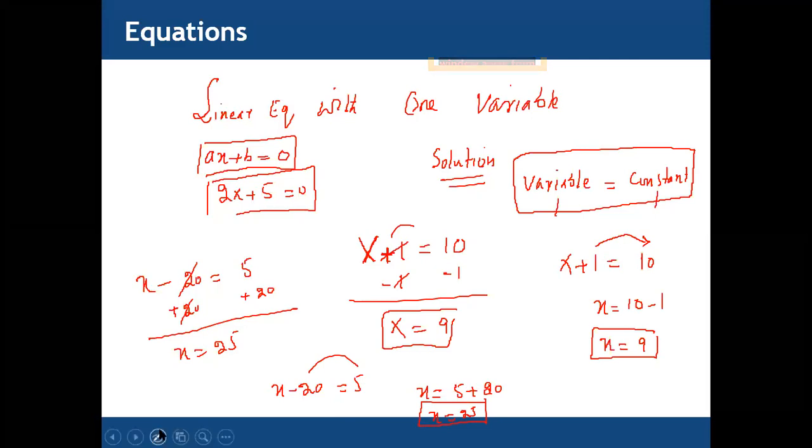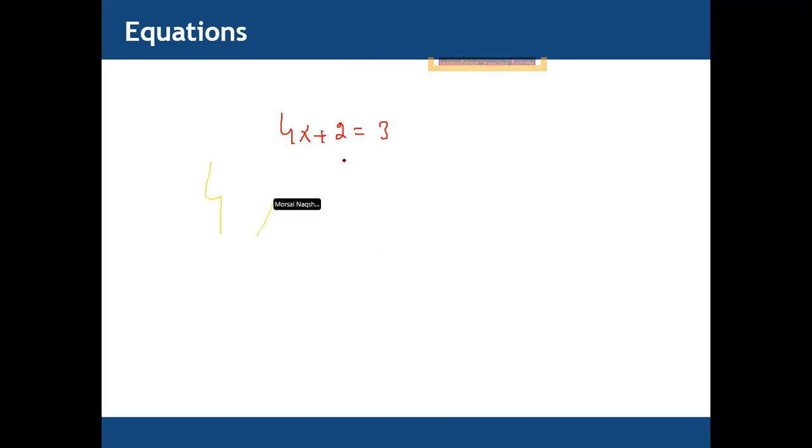Yes, great, excellent. How can we solve this one? 4x plus 2 equal to 3.